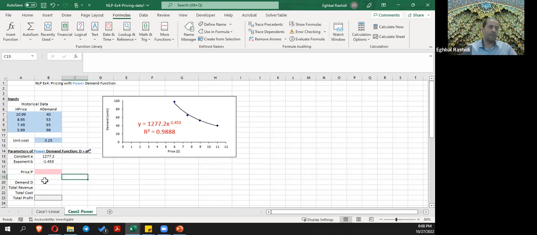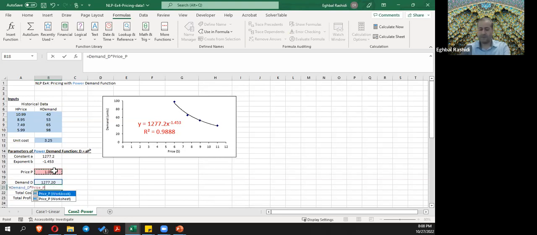So the demand is going to be A multiplied by price to the power of B. Total revenue. So total revenue is demand multiplied by the price.